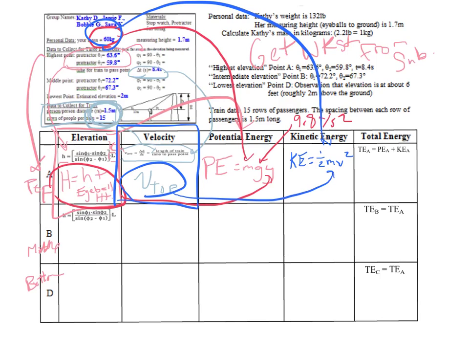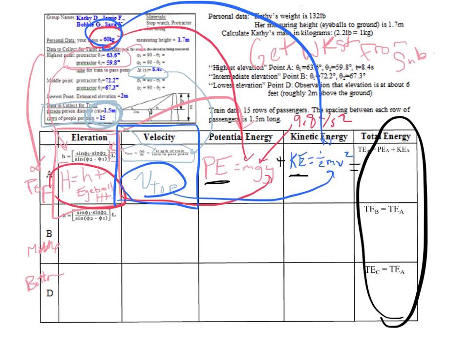You're going to plug that in and find your KE. Then you're going to find your total energy. Total energy is your PE plus your KE, and it's going to give you some value. Now the key is that all this total energy should be the same. So once you know this total energy, you can write that down in each of these additional boxes.